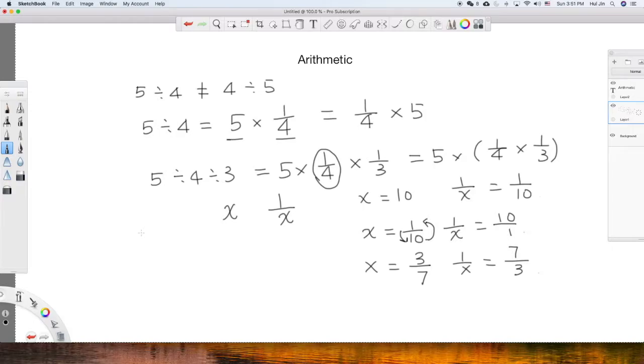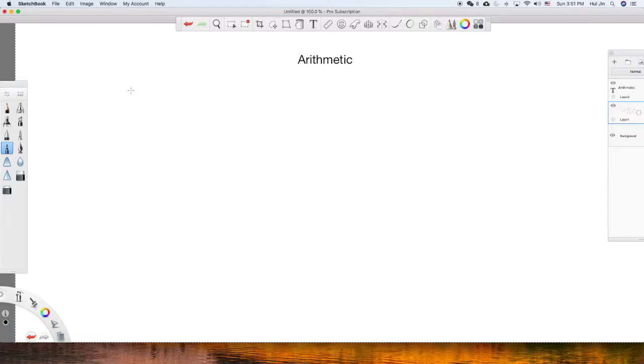So now let's look at a few problems involving division and subtraction. Problem 6. What is 2 plus 4 plus 6 plus all the way to 200, minus 1 plus 3 plus all the way to 199?